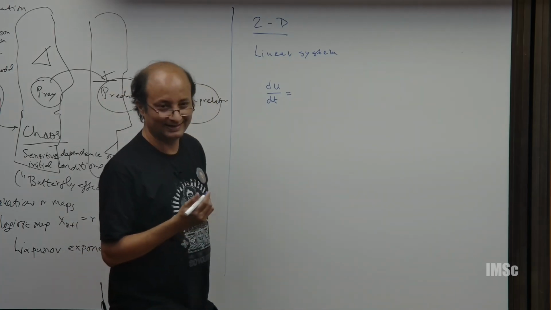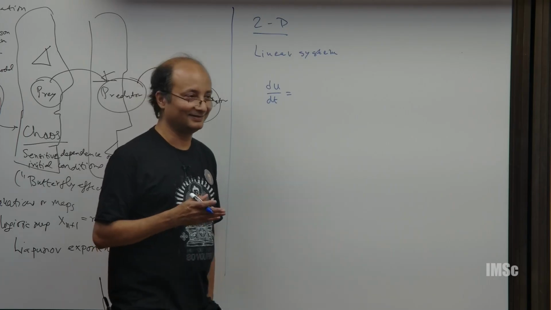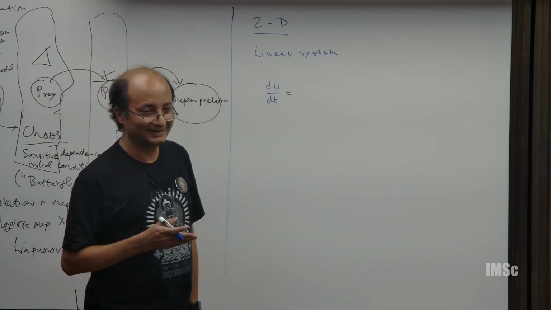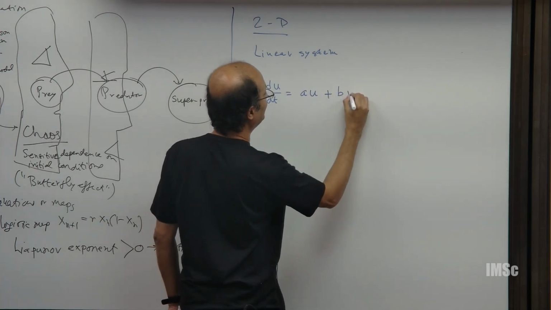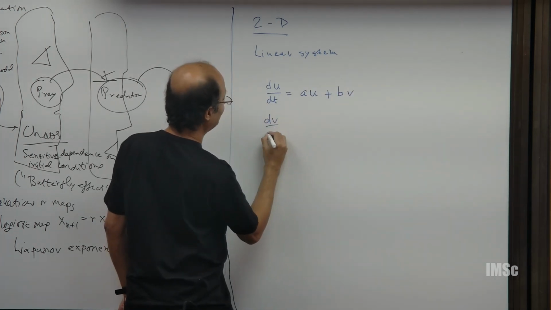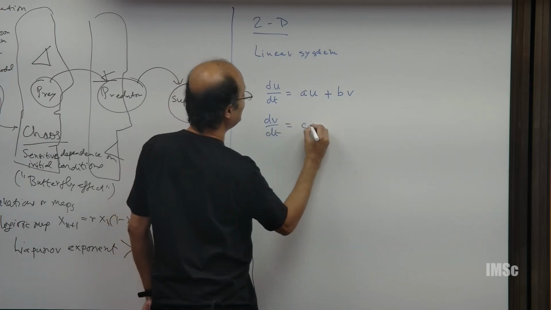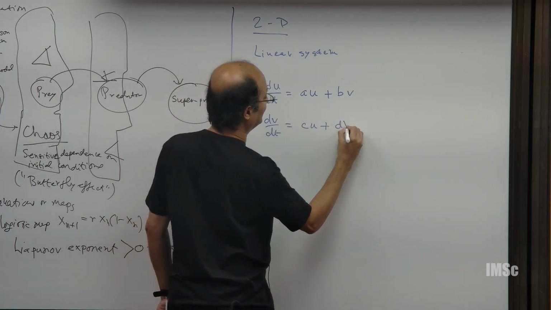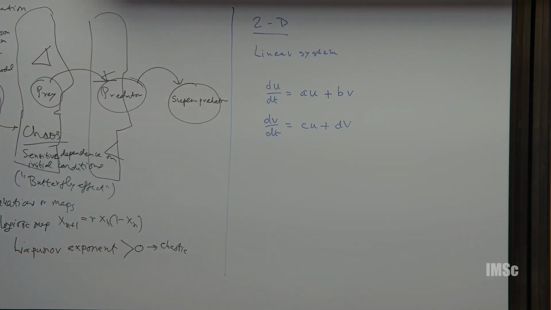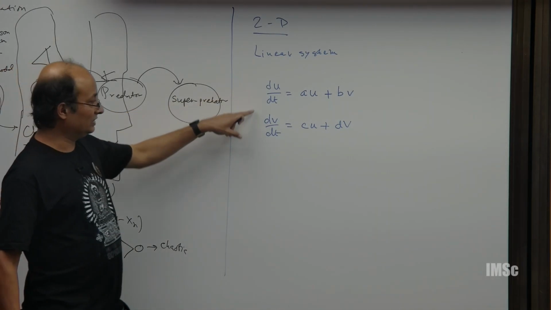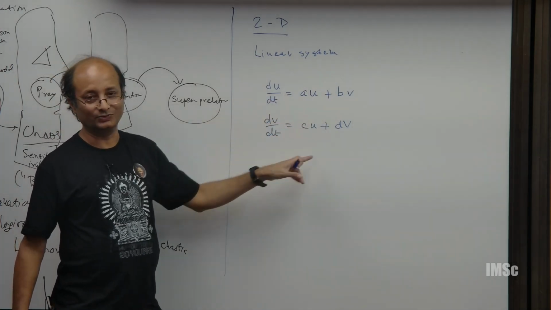Yeah, a u plus b v, and dv/dt equal to c u plus d v. Okay. So, the evolution of both u and v are linear functions of u and v.